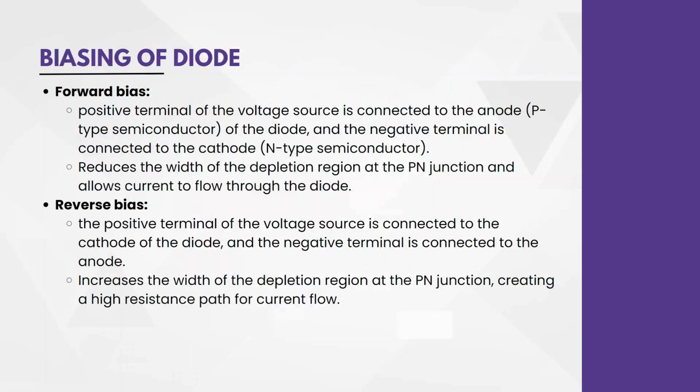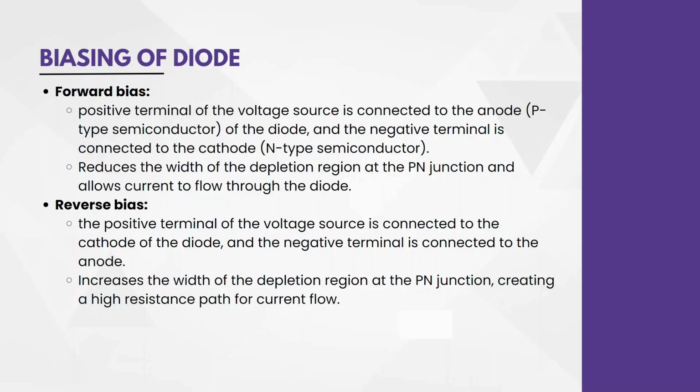That happens by the process of biasing. So there are two types of biasing, forward bias and reverse bias. When the positive terminal of the source is connected to the positive terminal of the diode, or the anode of the diode, which is nothing but the P-type semiconductor, and when the negative terminal is connected to the N-type semiconductor or the cathode, then we call it forward biased.